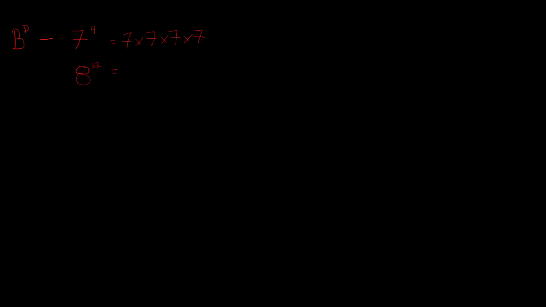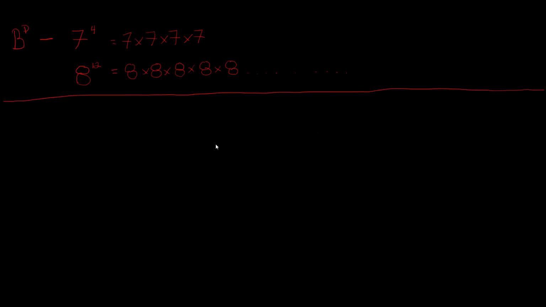So that means that's going to be 8 times 8 times 8 times 8 times 8. You get the idea, right? 12 times. Alright, so how does this help you in algebra?